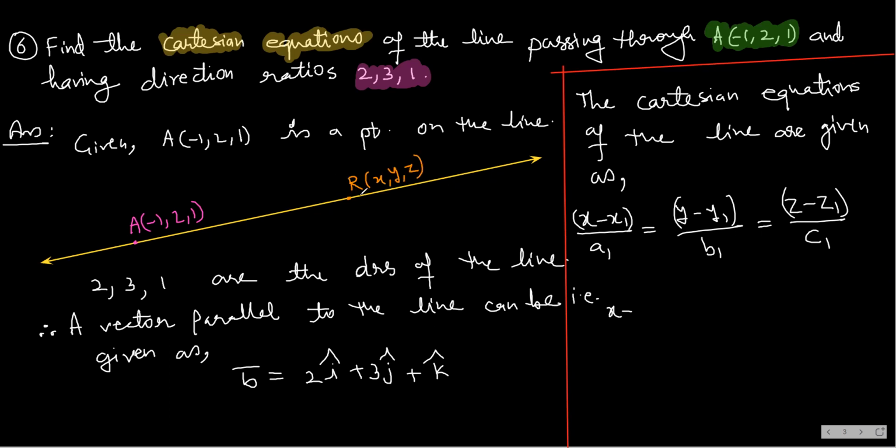What is R? R is a variable point on the line. So here I will write: let R (x, y, z) be a variable point on the line.